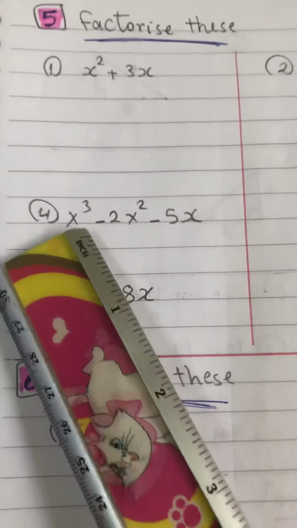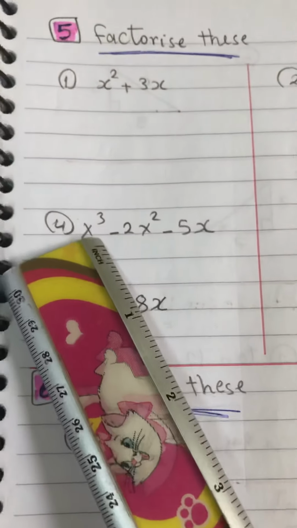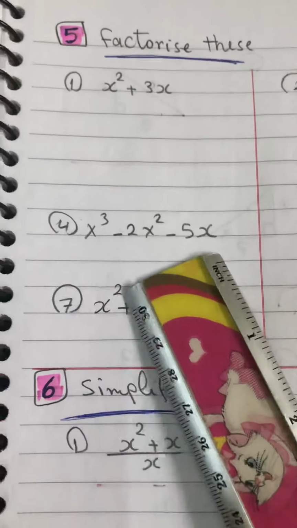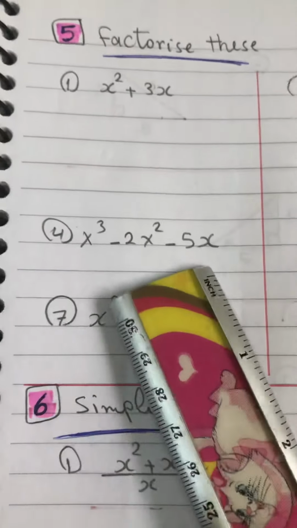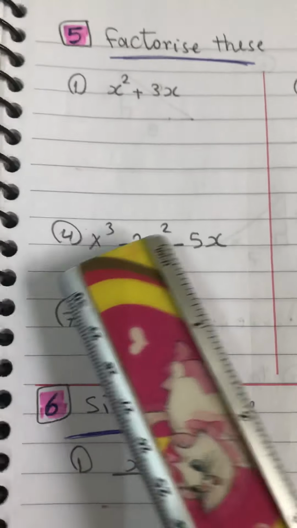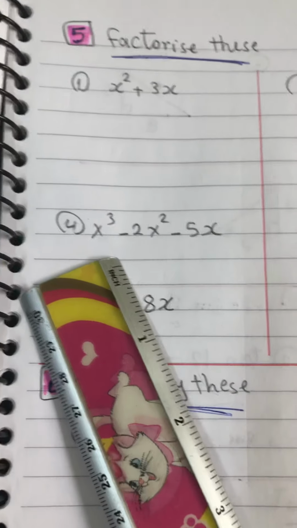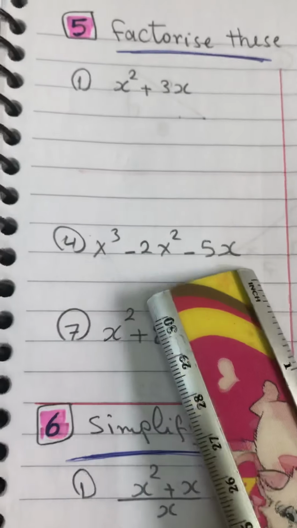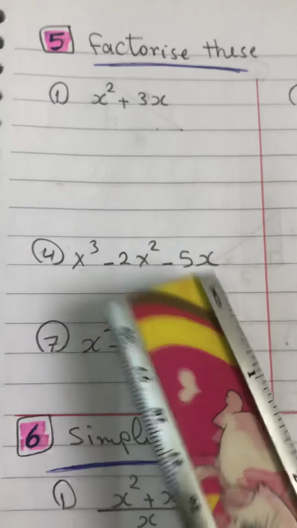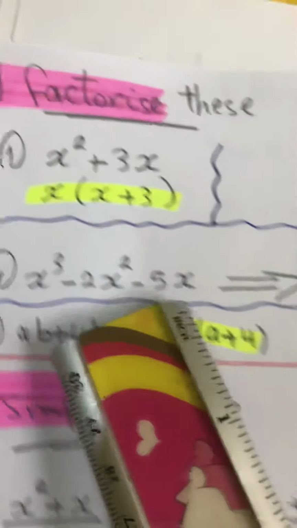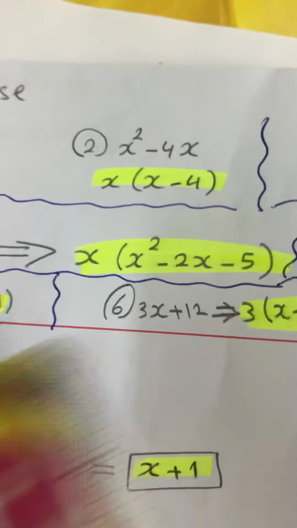In question number 4, we have 3 terms. X cubed minus 2x squared minus 5x. There is no common factors between the numbers, because here we have 2, we have here 5, and here I don't have number. So there is no common factor between the numbers, but x repeated 3 times, I'll take it with the least power. So here I'll take x as a common factor.